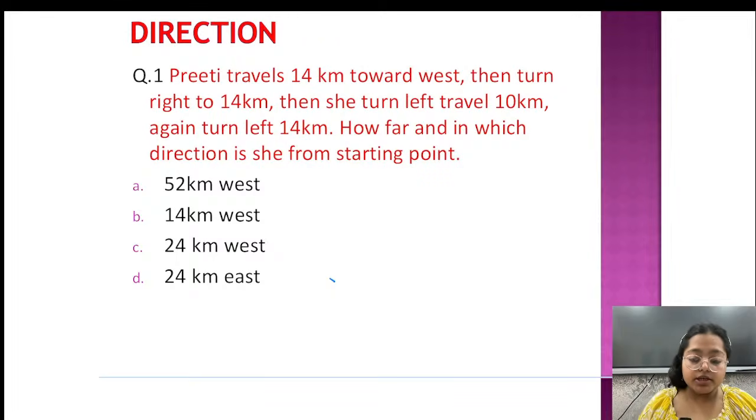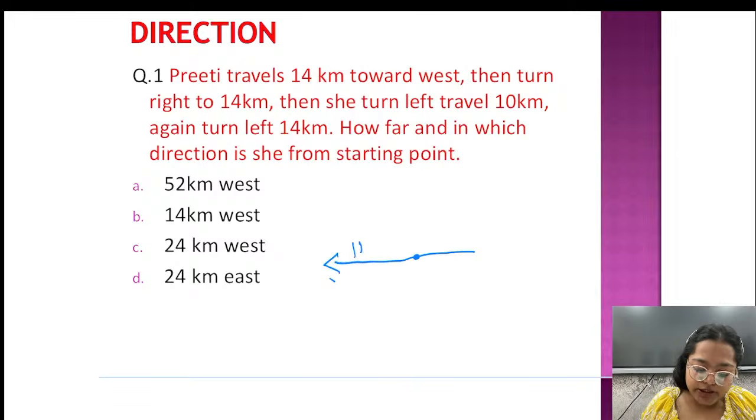So in the first line, Preeti travels 14 km towards west. So here is the starting point. Preeti moves towards the west. Okay, this is the west direction, and she travels 14 km. Then she turns right. Now we are pointing our marker on this, and this is the right turn and this is the left turn.